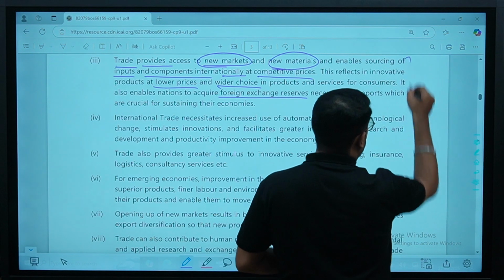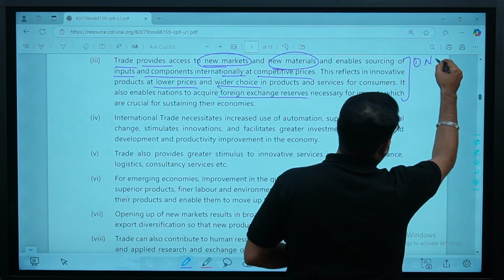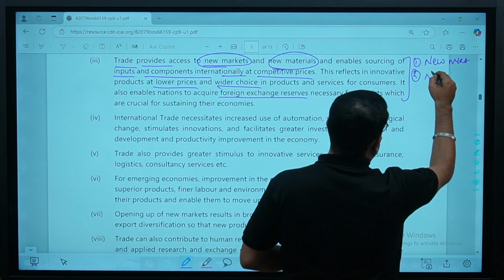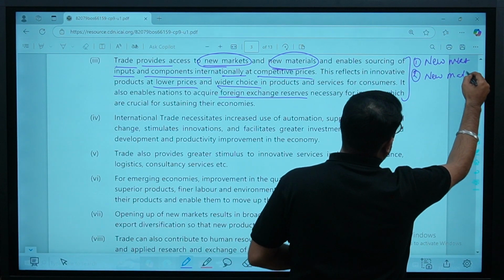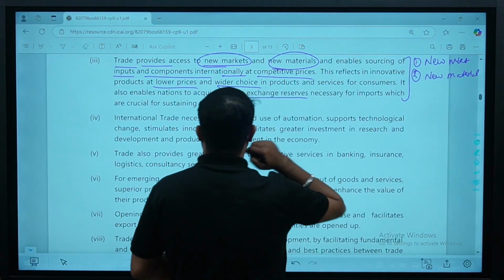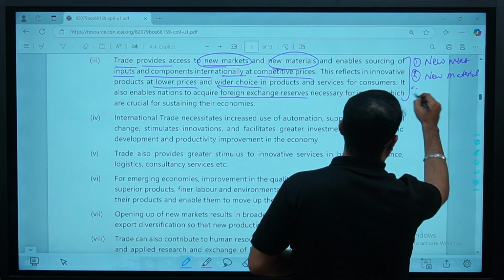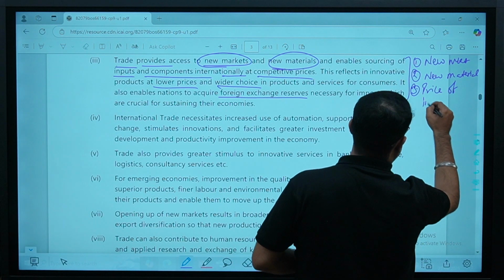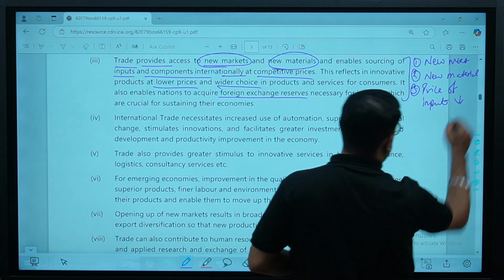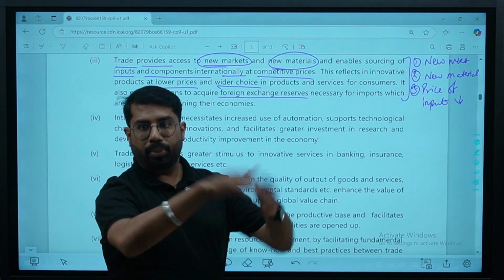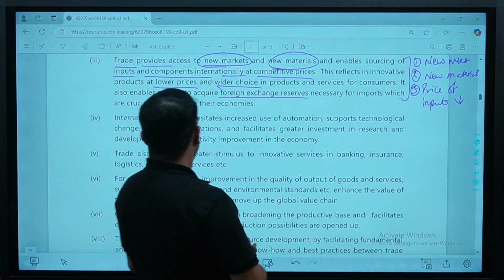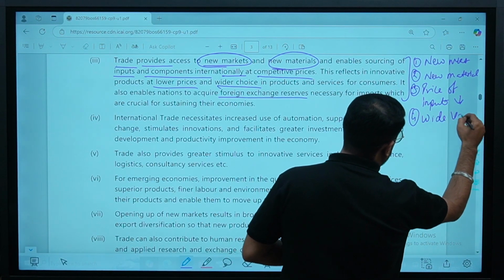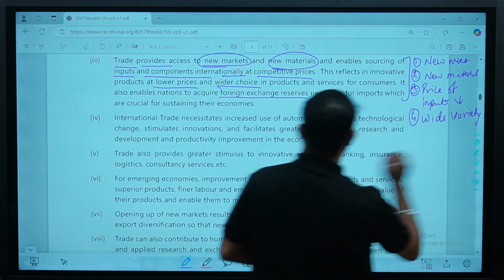Right. First point, you have access to new market. Number one, you have access to new material. Number two, then the cost of inputs will be less because there is competition in the international market, right? Then they say that you get a wide variety of goods, right?